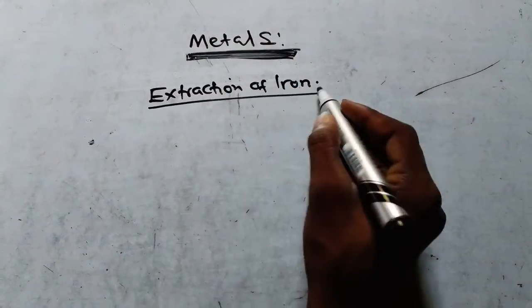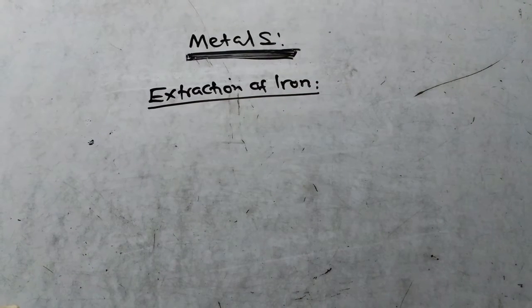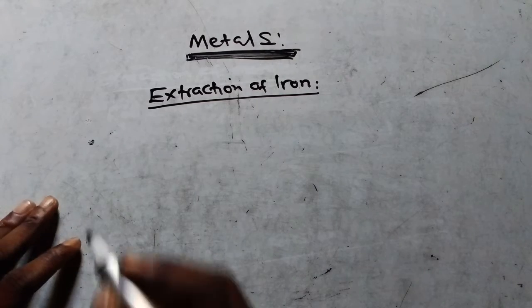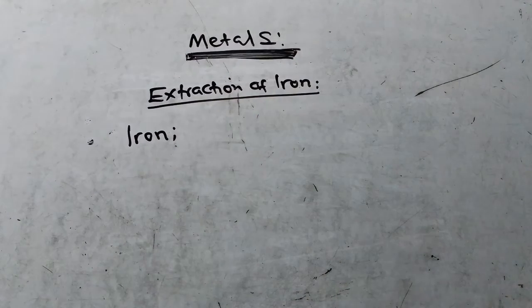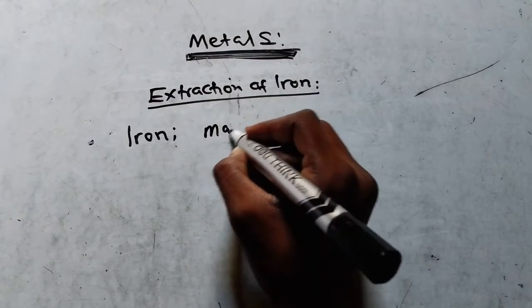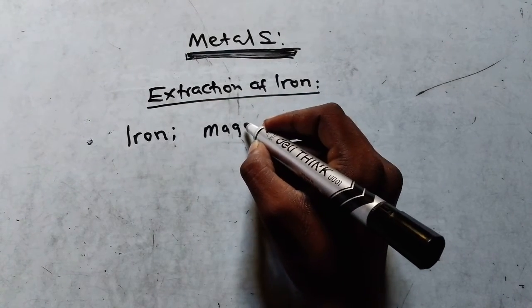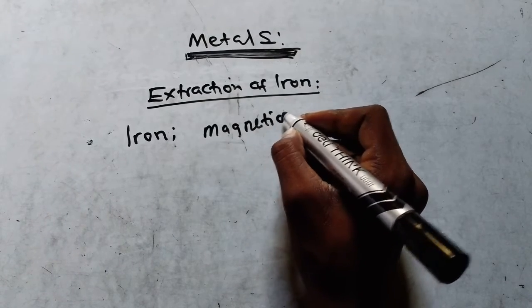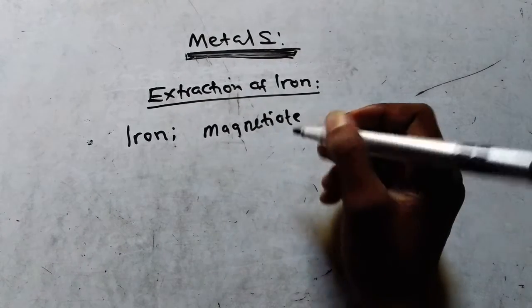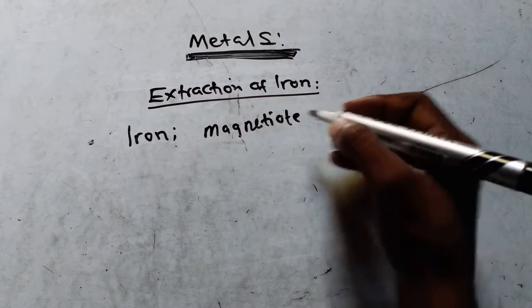This iron is being extracted from its abundant ores, which are magnetite and hematite.